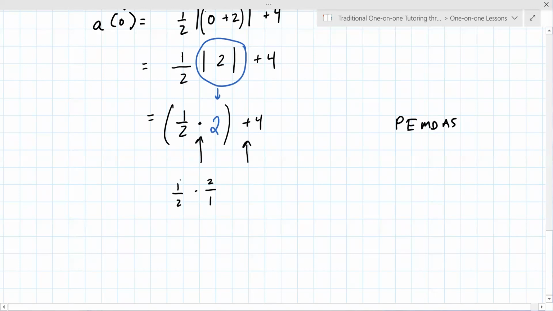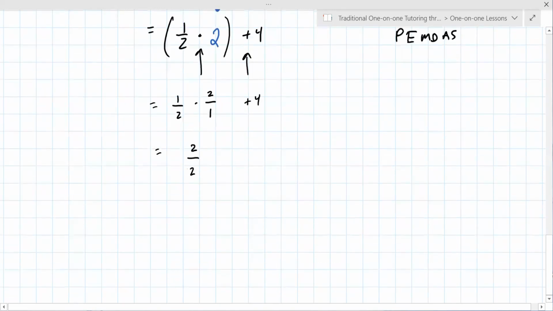So what is 1 times 2? 1 times 2 is 2. And 2 times 1? 2 times 1 is 2. Okay, great. Now, when you have a number divided by itself, do you remember what that equals?